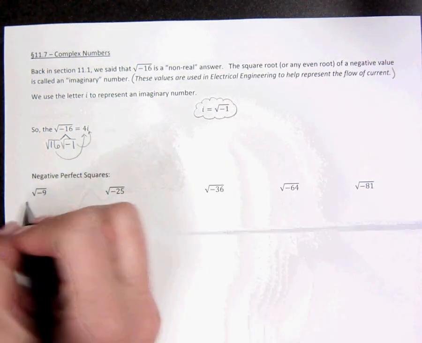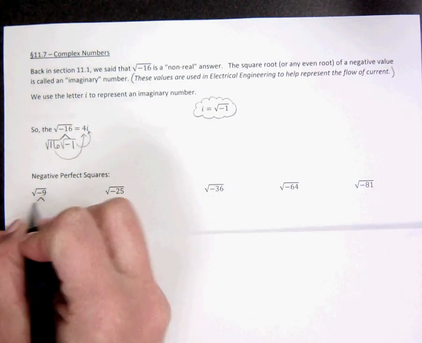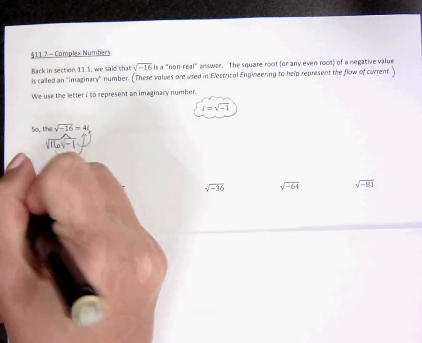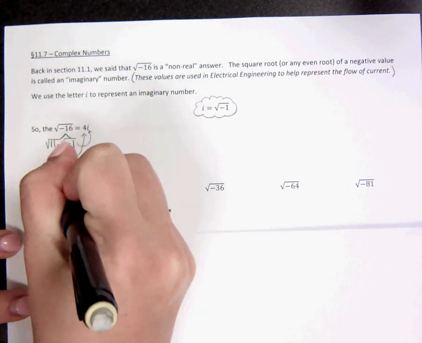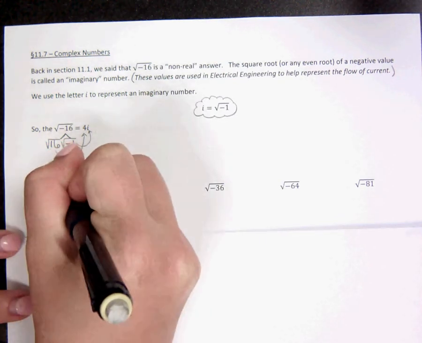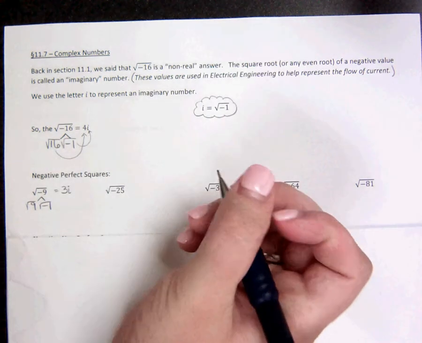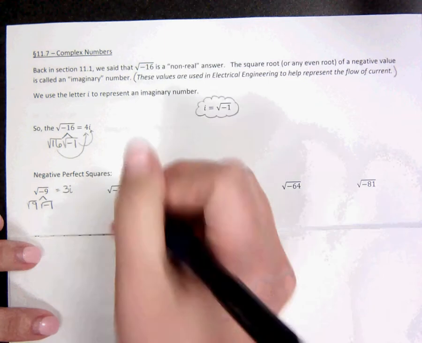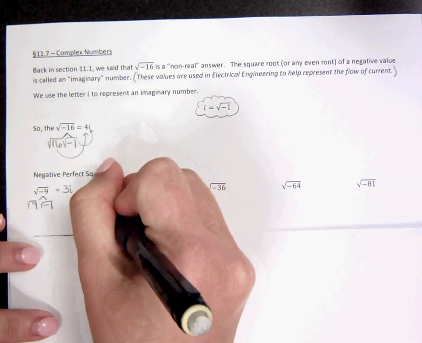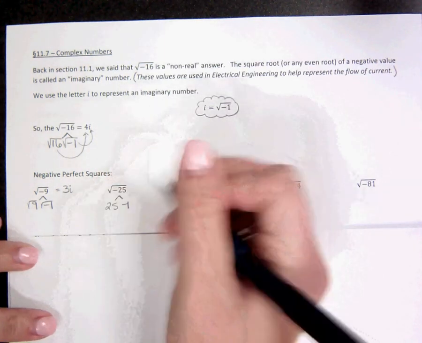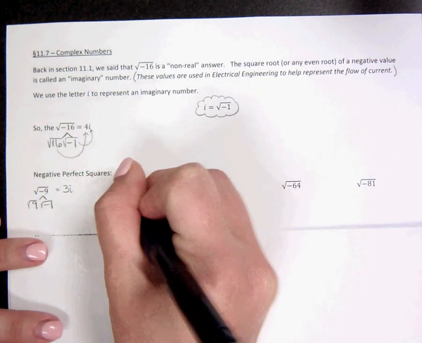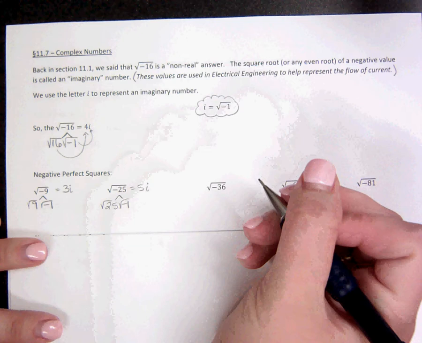We have the square root of negative 9. We can break that down into the perfect square and negative 1. The square root of 9 is 3, and the square root of negative 1 is i, so 3i. Same idea with negative 25. That's 25 times negative 1. The square root of 25 is 5, and the square root of negative 1 is i.